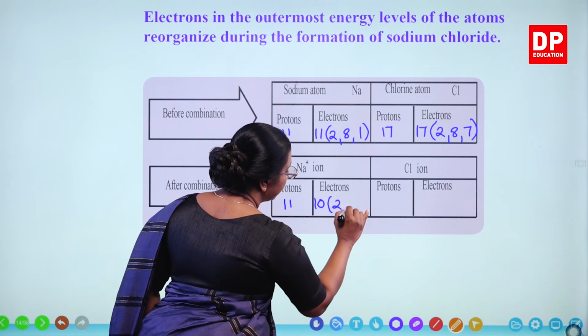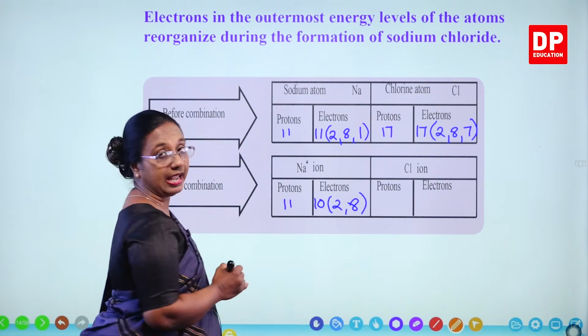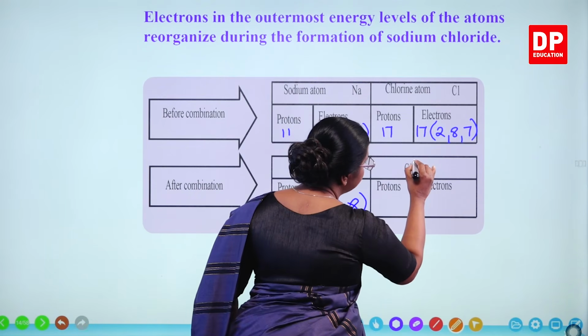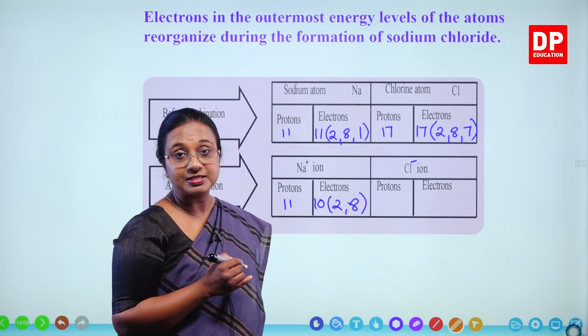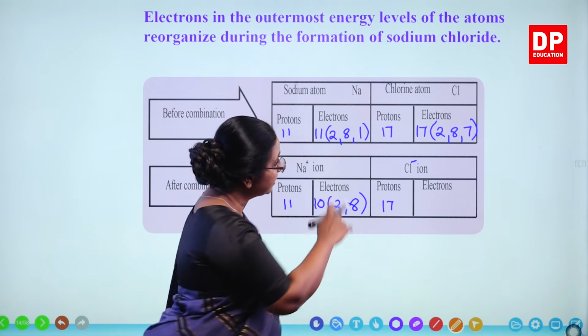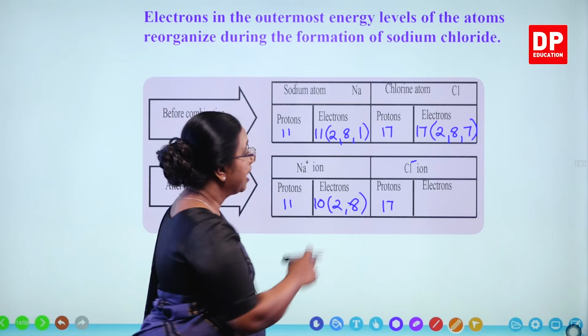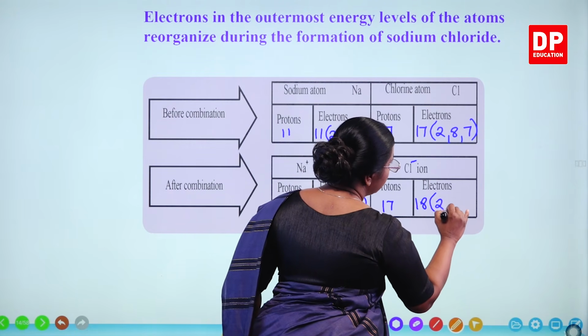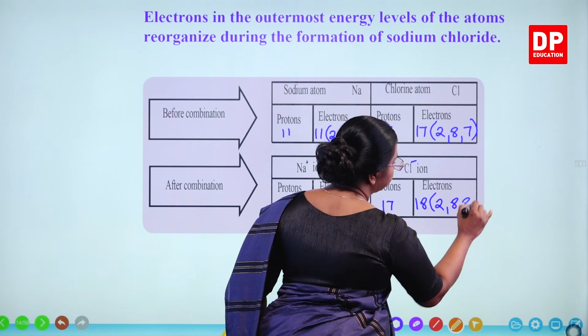So, the electronic configuration is 2, 8. And how many protons are there in chloride ion? This should be Cl minus, chloride ion. There are 17 protons, the same as chlorine atom. But the number of electrons becomes 18, 2, 8, 8.